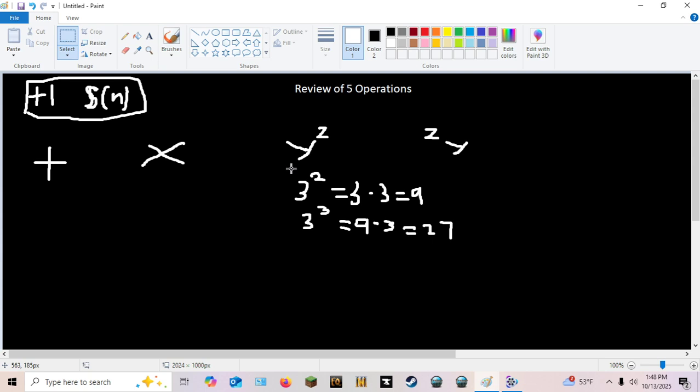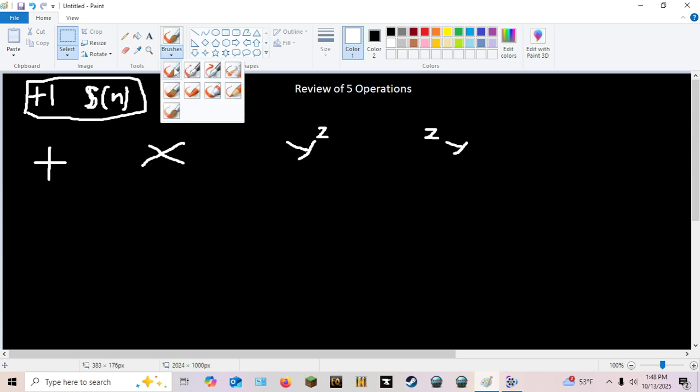Moving on to the next operation. Tetration, where this is gonna hurt your brain a little bit, even with a small base. So tetration is repeated exponentiation.